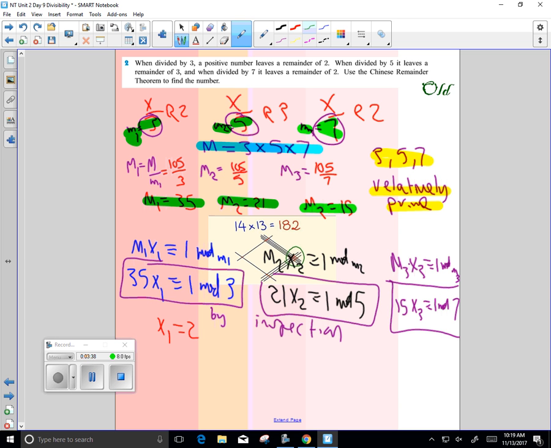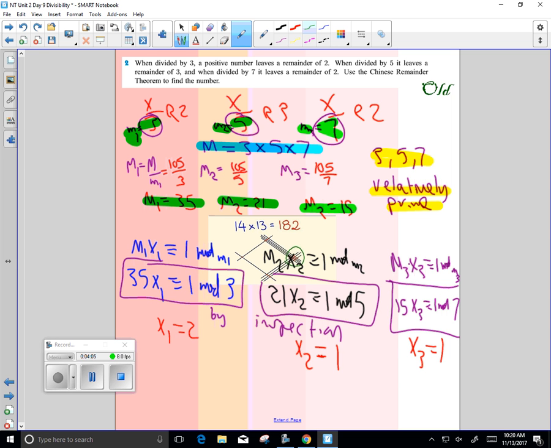Is 21 minus 1 divisible by 5? 21 minus 1 is 20 divided by 5? Yes. So x2 is 1. What will x3 be? Put a 1 in for x3. 15 minus 1, is that divisible by 7?